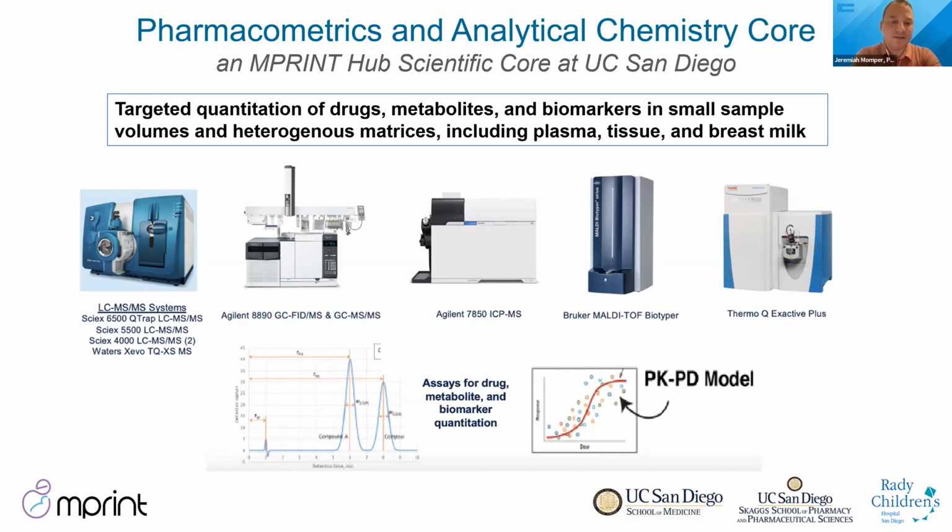We also have a variety of GC-MS instrumentation and ICP-MS that's pretty specific for measuring heavy metals, but it's very good at doing that. We also have a MALDI-TOF biotyper and a Q-Exactive Plus, which is a high-res instrument used for identifying unknown compounds.